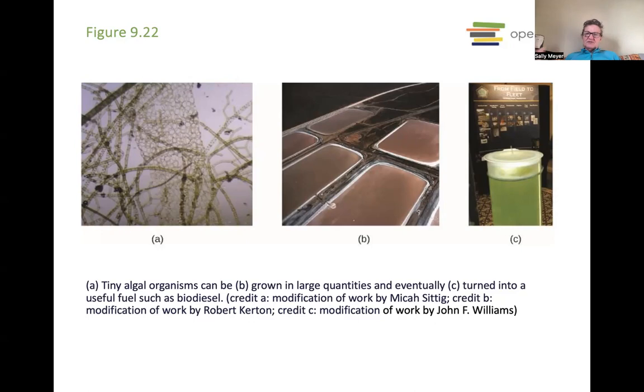But if you have algae, which are using CO2 to make oils that can be burned, then you're not changing the CO2 overall, because the algae growth process involves taking CO2 out. So there's a discussion in your book about how algae, which doesn't take a lot of area to grow, can be used to make oils, which can then be used to make biodiesel.